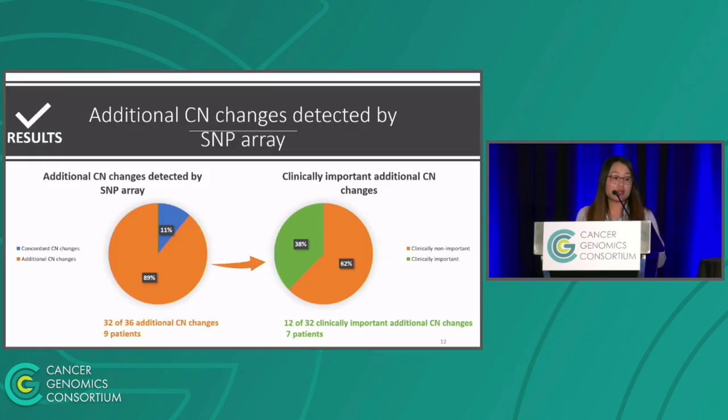You can see on the left pie chart that 32 of the 36, up to 89%, copy number changes detected by SNP array were considered additional copy number changes in 9 patients, and 12 of the 32, up to 38%, were considered clinically important in a total of 7 patients.